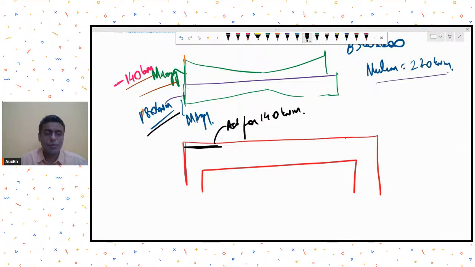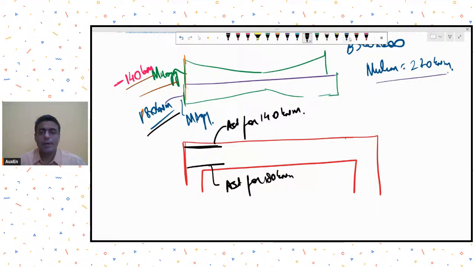Similarly, for 180, whatever steel was required, because it was sagging, I'll provide at the bottom. Now things were simple because both moments were lesser than Mu limiting, so they were cases of a singly reinforced section.